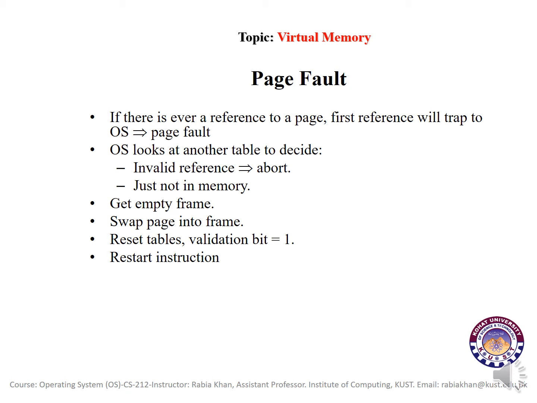Now for a 0 bit, the operating system has to be very careful to identify whether the reference is invalid or the page is just not in main memory. After confirming it, if the reference is invalid, the instruction referring to that page is aborted.